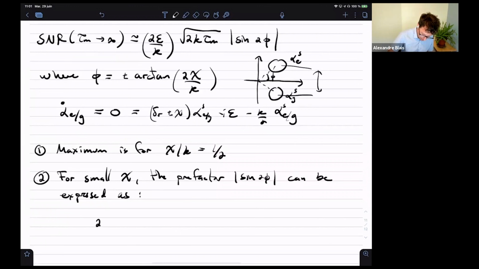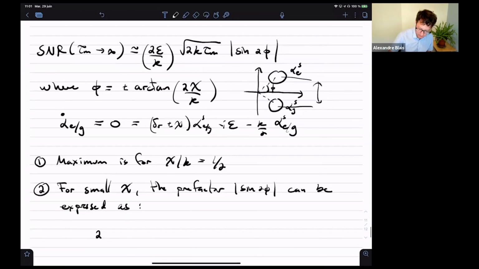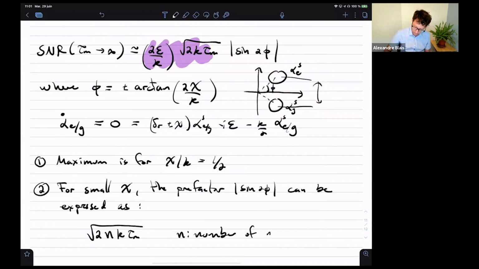This prefactor here, all of these expressions, I can express as 2 n kappa tm, where n is the number of photons in the cavity, n is the number of measurement photons.